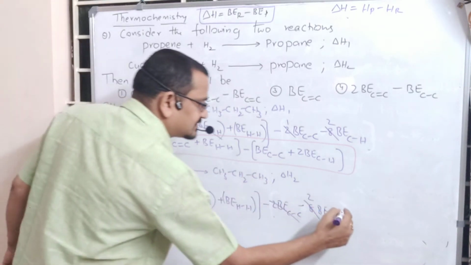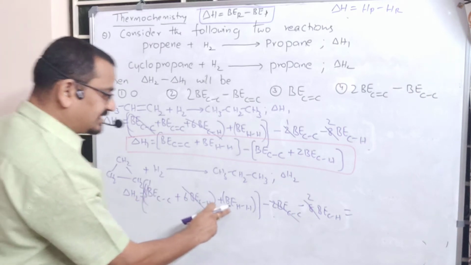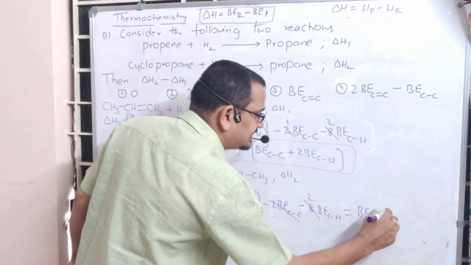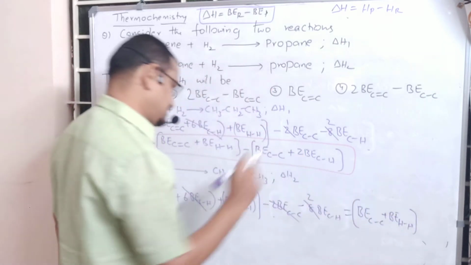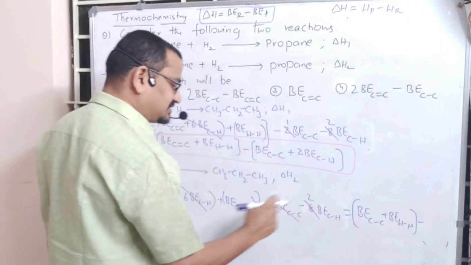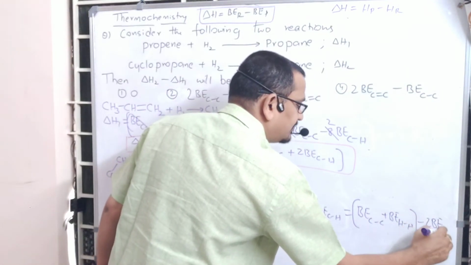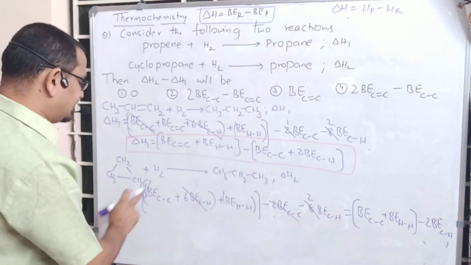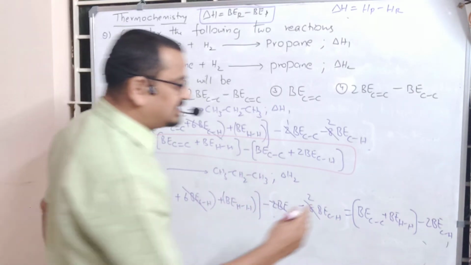So delta H2 can be expressed as C-C bond enthalpy plus H-H bond enthalpy, minus, I am taking minus common, 2 times the bond enthalpy of C-H bond. So this is the expression for delta H2. See, this one is the expression for delta H2.